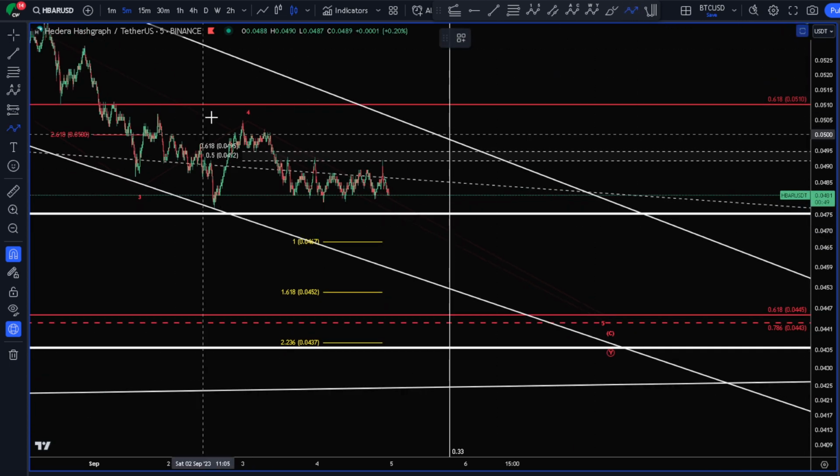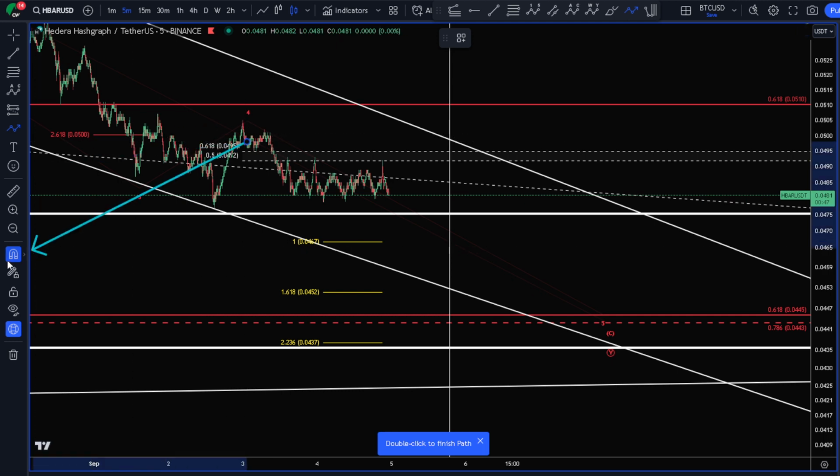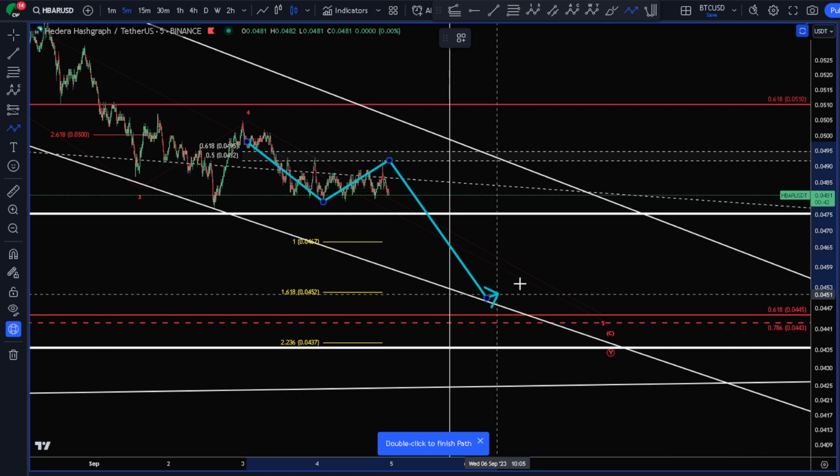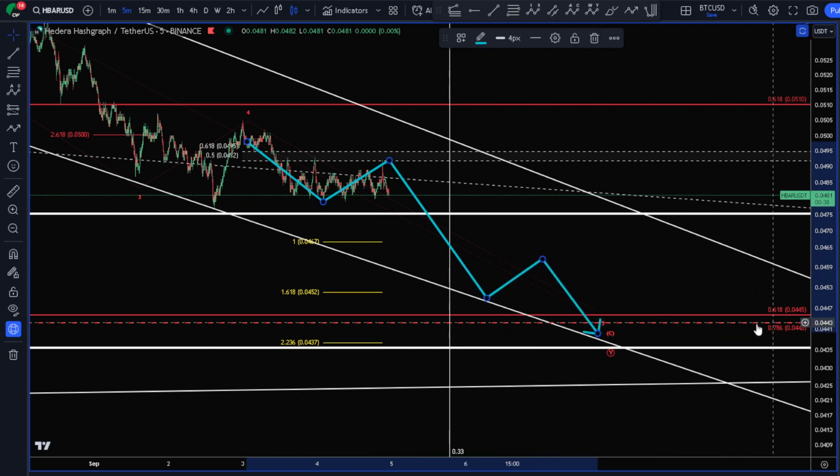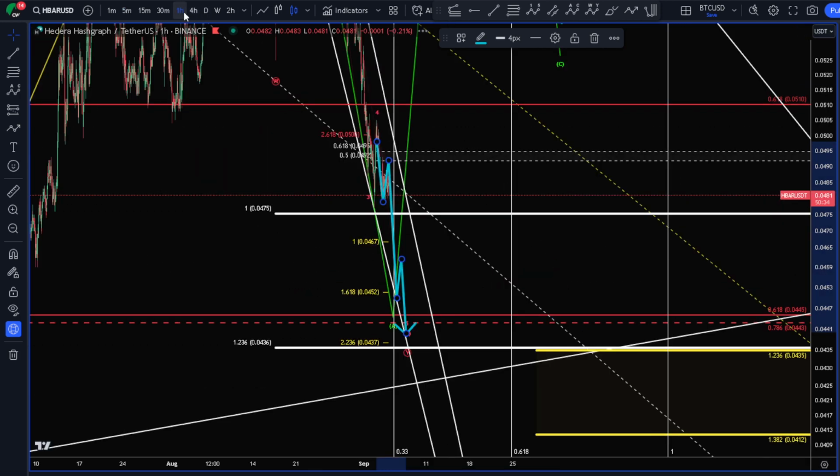So we're looking to complete like so. Right there. As you can see on log, that's a 786 level. Just zooming out a little bit.